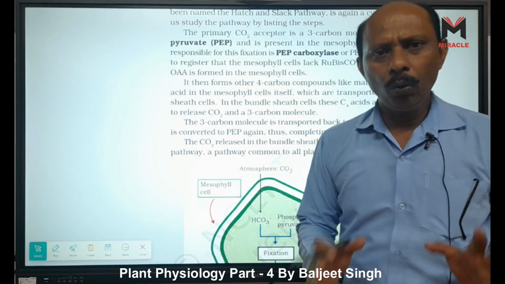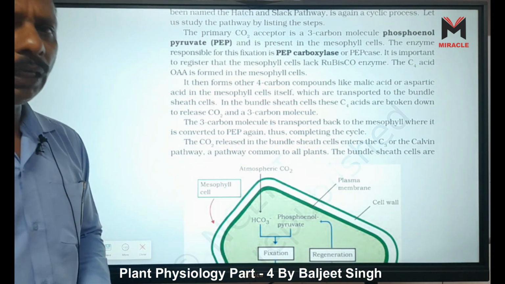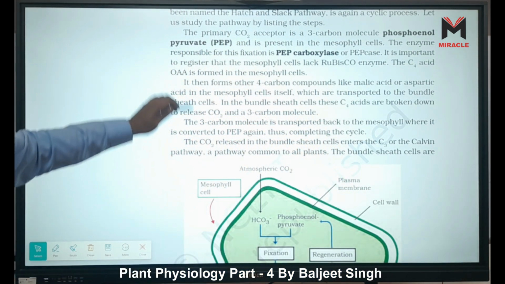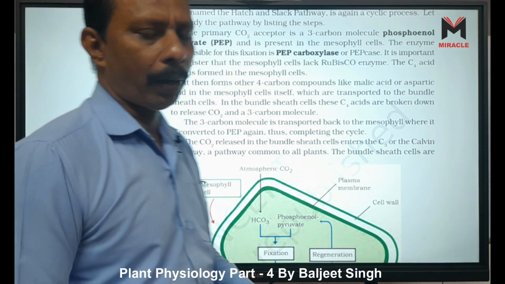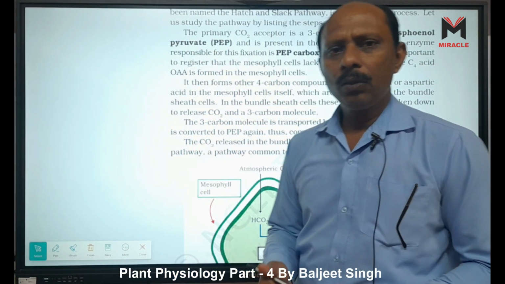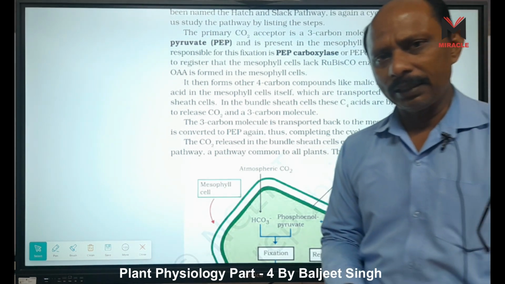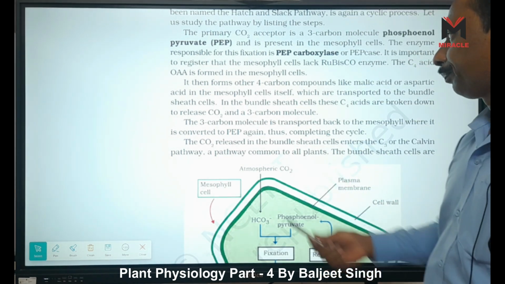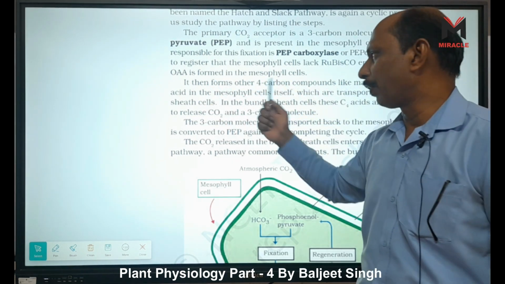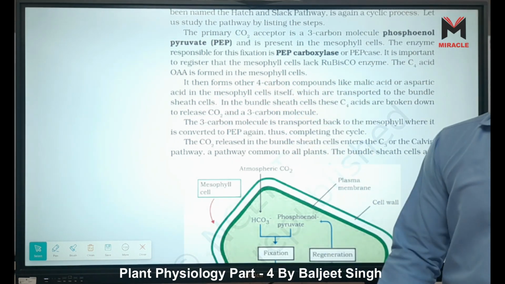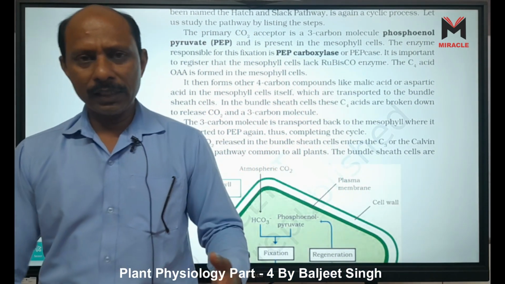So OAA, oxaloacetic acid, which is a 4-carbon molecule, is formed in the mesophyll cells. Now this oxaloacetic acid is converted into aspartic acid, as for example in sugarcane, or into malic acid, like in sorghum, right? Like malic or aspartic acid in the mesophyll cell itself. Then what happens in the mesophyll cell? First carbon fixation happens in the mesophyll cells.